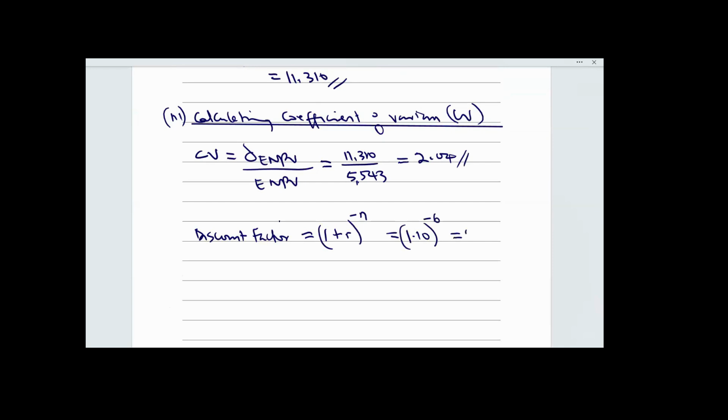So that's what gave us 0.564. If you want to do for year 1, it will be 1.1 raised to power minus 1. For year 2, 1.1 raised to power minus 2. So that's how to compute discount factor. Is it clear now? Thank you. Very clear, sir.